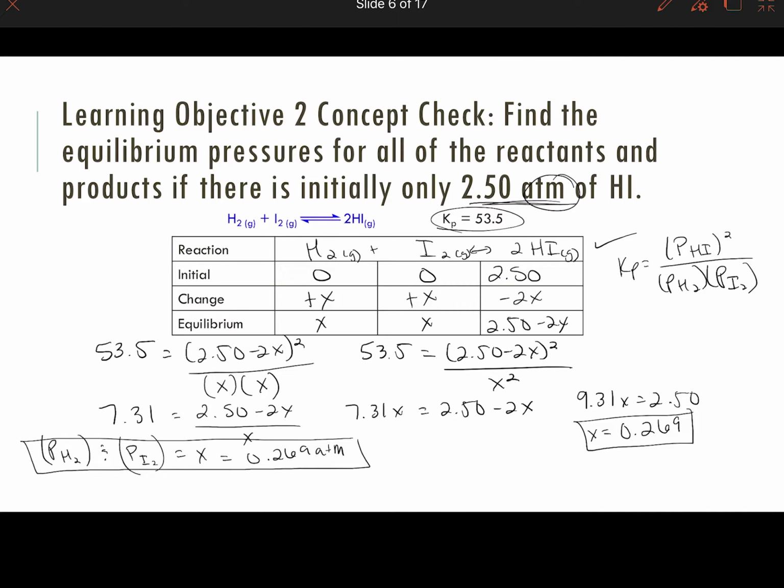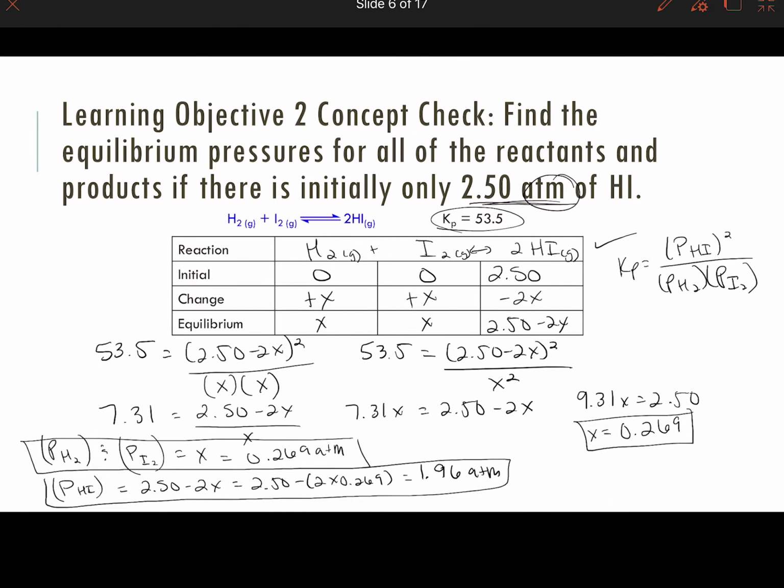And then our partial pressure of HI is equal to 2.50 minus 2x, which equals 2.50 minus 2 times 0.269, which gives us 1.96 atmospheres for our partial pressure of HI.